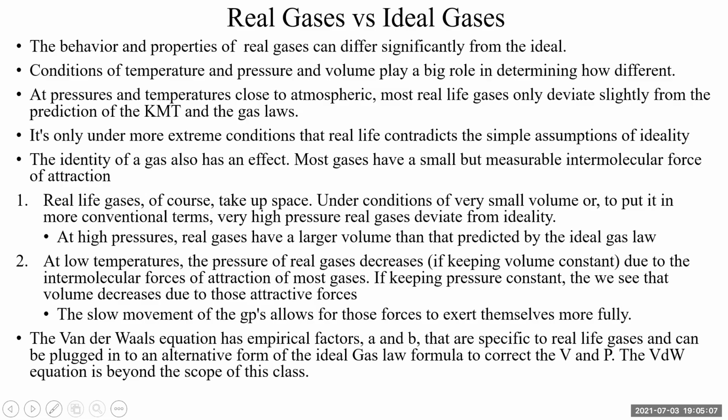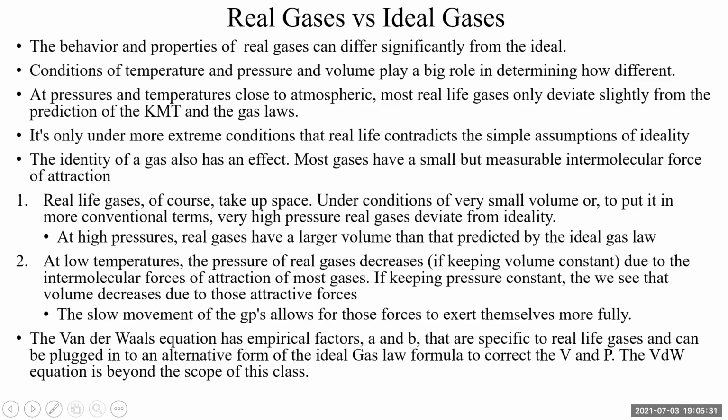As it slows down, the intermolecular forces of attraction and possibly even repulsion, depending on the gas, are going to have a greater effect. It's one thing if gases are moving at lightning speed, or at least very fast relative to one another. Their attractive forces aren't going to have much of an effect. They're just going to slam into each other at high speed and bounce away.